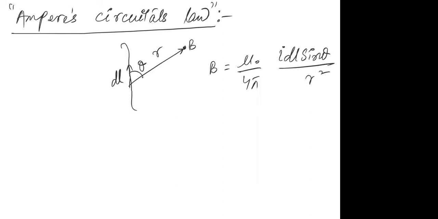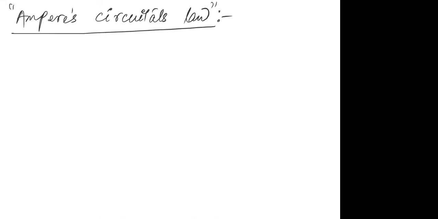By using both, you can find the value of magnetic field. Ampere's law makes some questions easy. Both laws are basically used to find the value of magnetic field at a point.